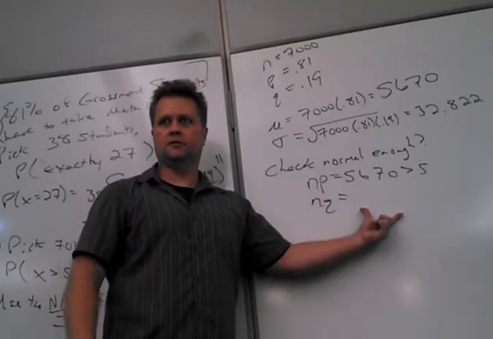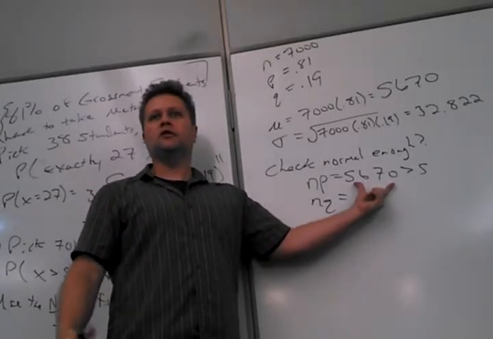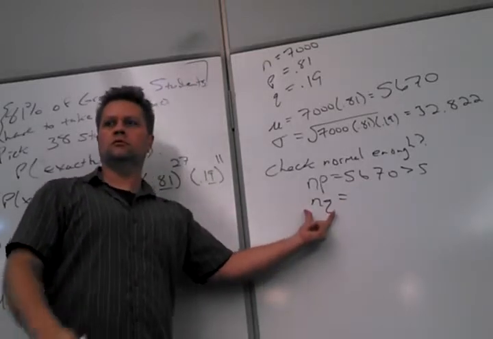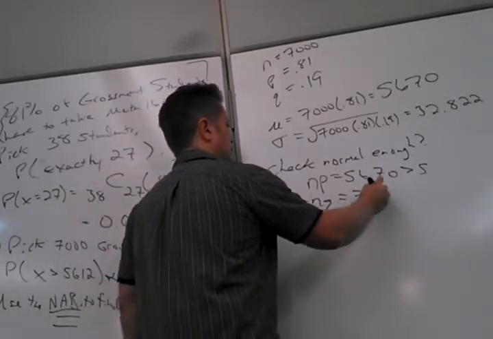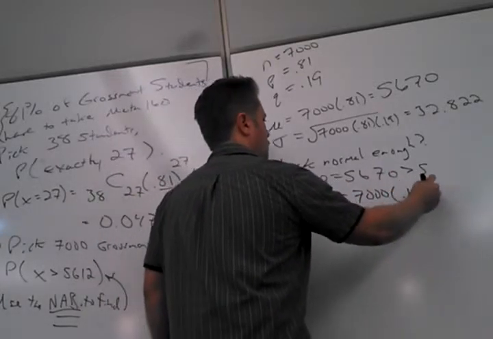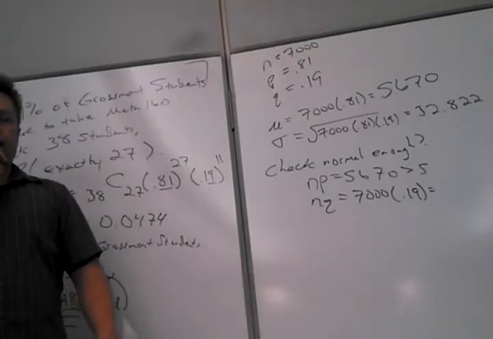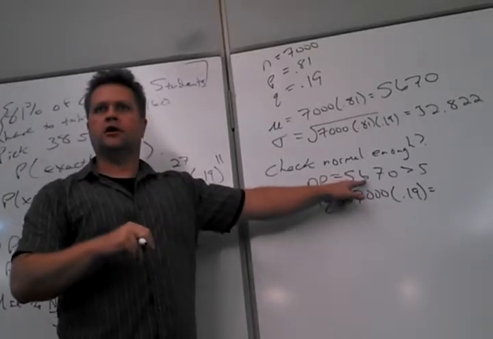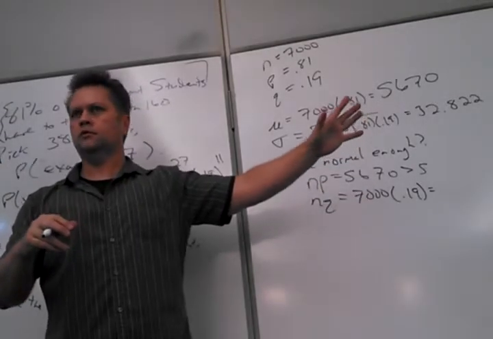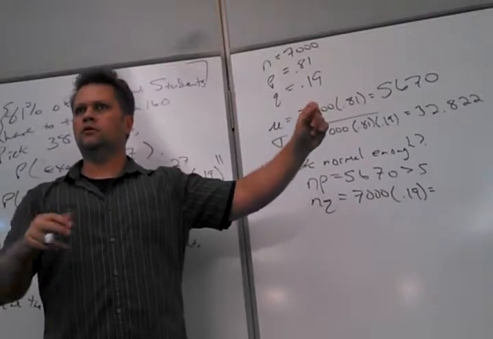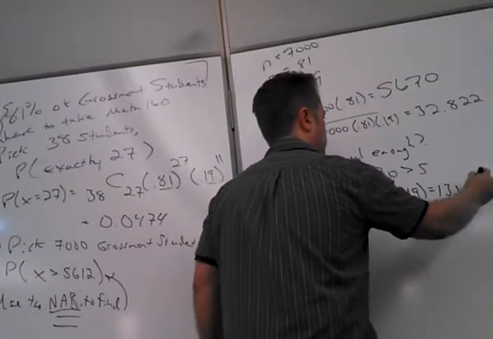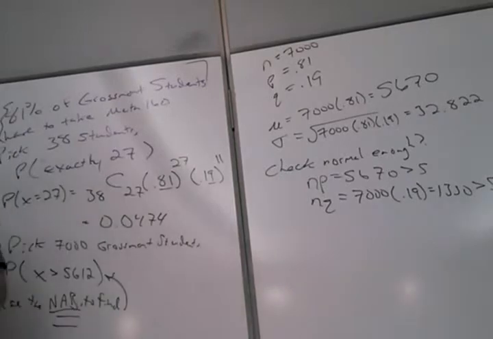The rest: 7,000 minus this. If you don't trust me, do n times q, which is 7,000 times 0.19. And 1330 is this subtracted from 7,000. Good. And 1330 is just a little bit bigger than 5. Cool.